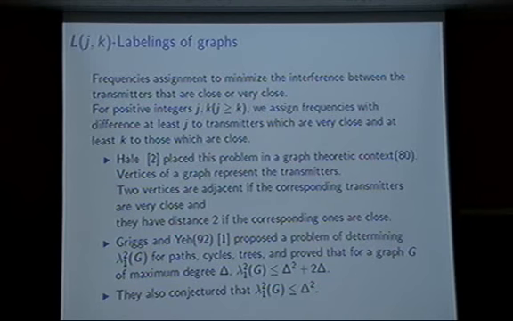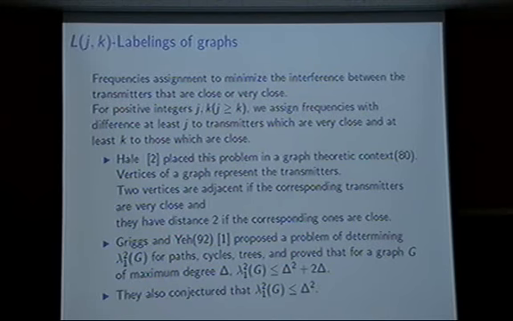He represented each transmitter by a vertex of a graph. And if two transmitters are very close, then he put edges between them. And if they are moderately close, then somehow he put them at vertices of distance 2.